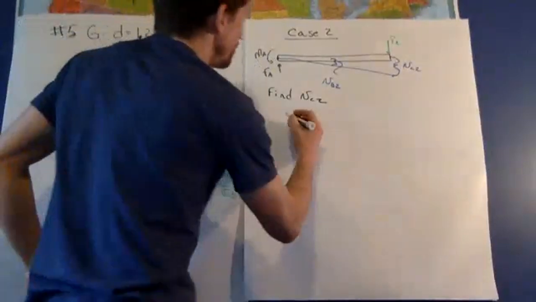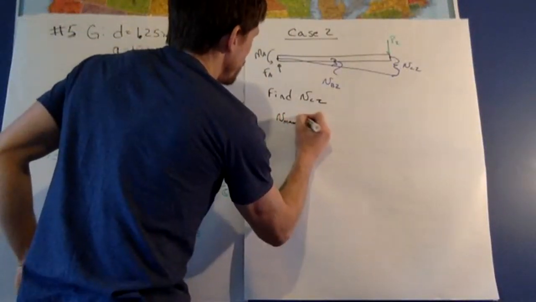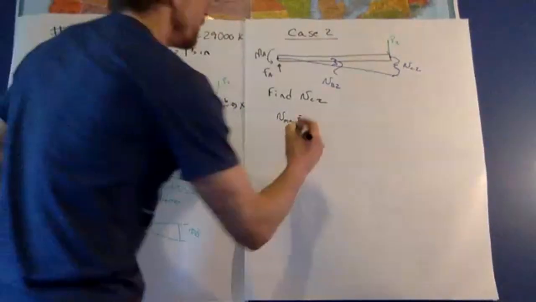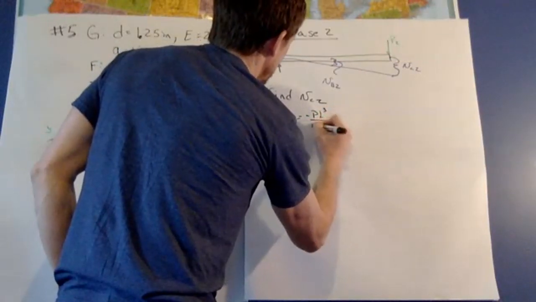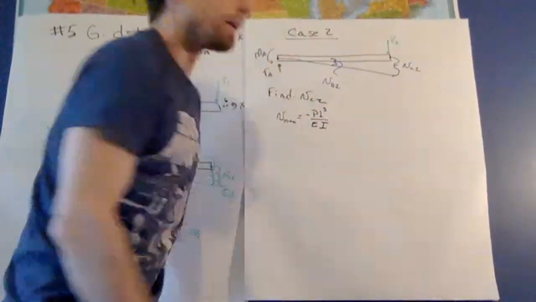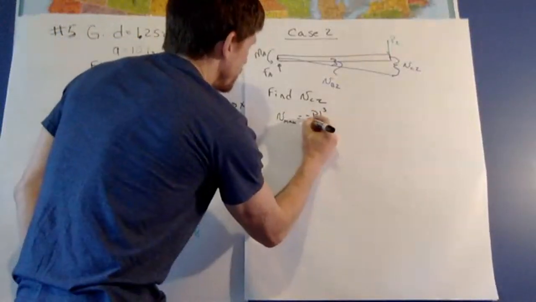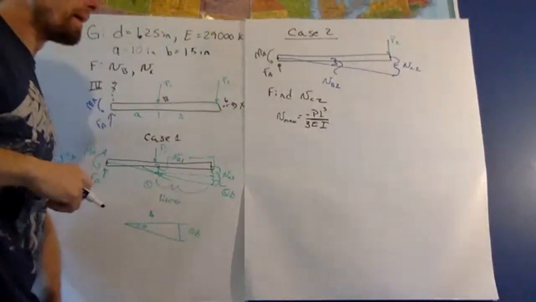We have the max, what's called in the back of the book, and it's V max equal to negative PL cubed over EI, and I think there's a 3 under that. So that's where I'm grabbing it in the back of the book.